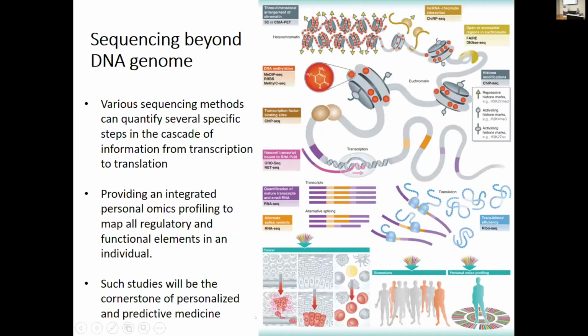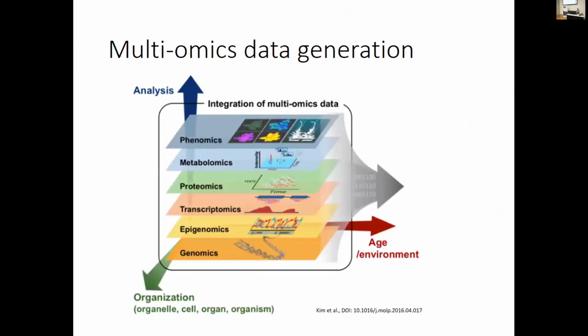And this is sequencing beyond the DNA genome. Various sequencing methods can quantify several steps of chromatin modification and also changes in DNA along the cascade of information from transcription to translation, providing an integrated personal omics profile to map all regulatory and functional elements of an individual, which leads to personalized and predictive medicine that I'm going to discuss in future slides very briefly.